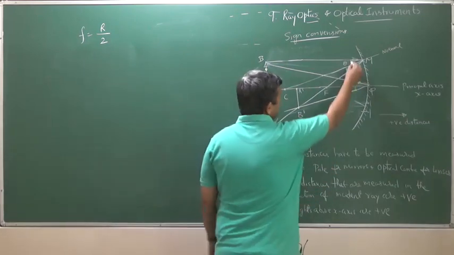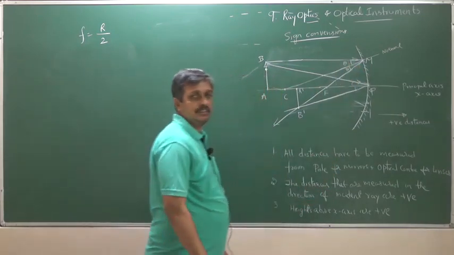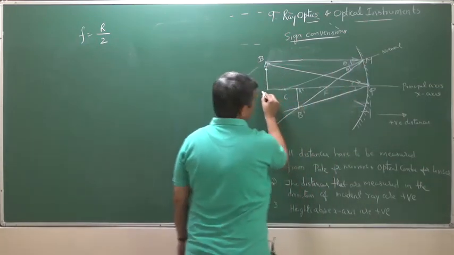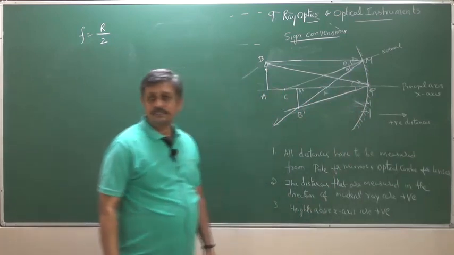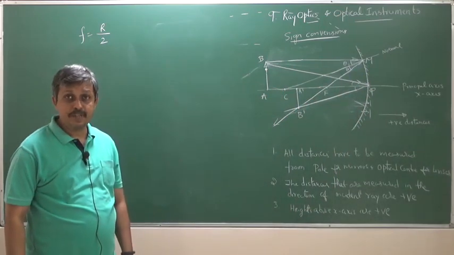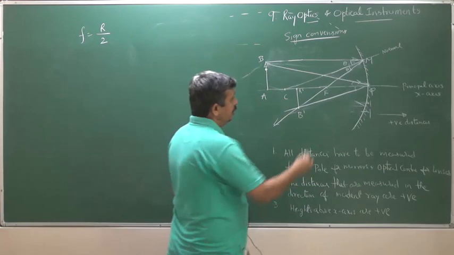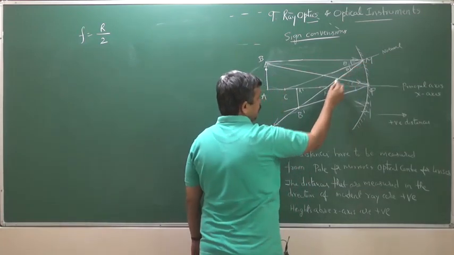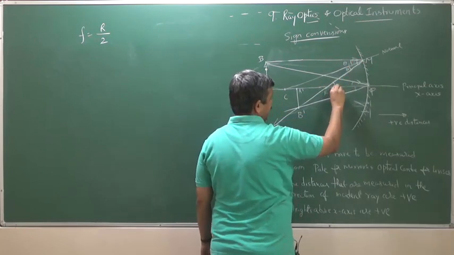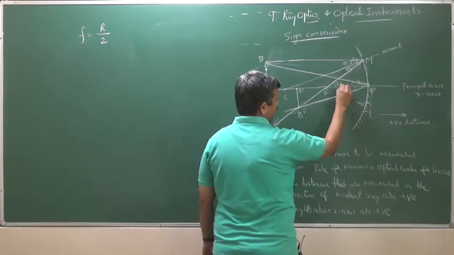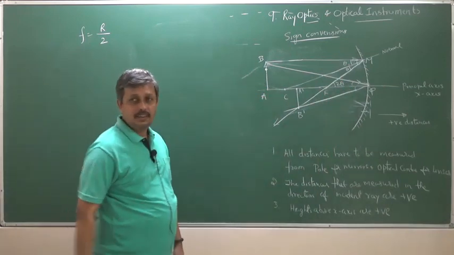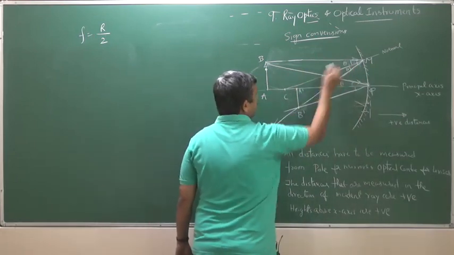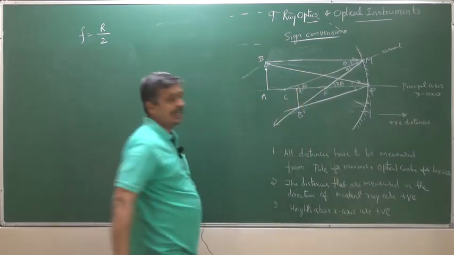So together these two are 2 theta. Look at this: line BM and line AP are parallel. This line is cutting both the lines, so this angle and this angle have to be equal. So this is 2 theta. And since this line is cutting these 2 lines, this angle and this angle have to be equal. This is theta.